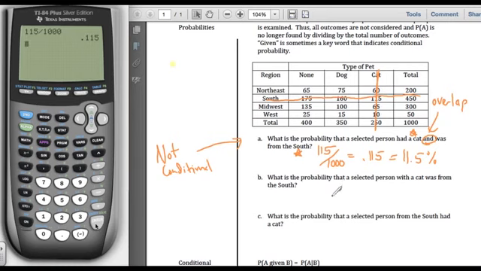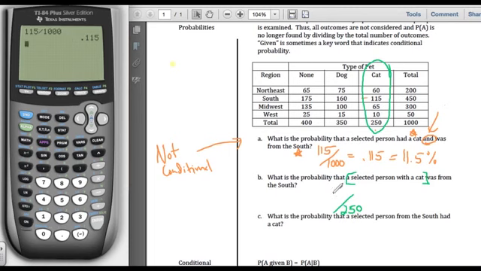But it's conditional. I'm given the selected person had a cat. They were with a cat. So that tells me that I'm only looking at these people, the selected person with a cat. I'm only looking at these 250. Now, out of these 250, I want to know how many people were from the South.